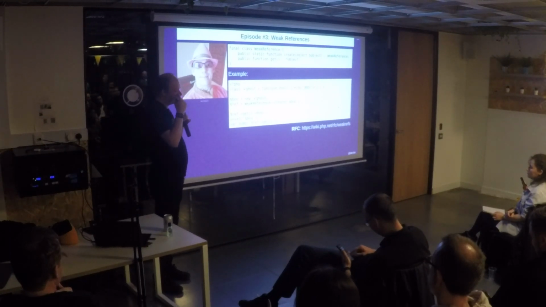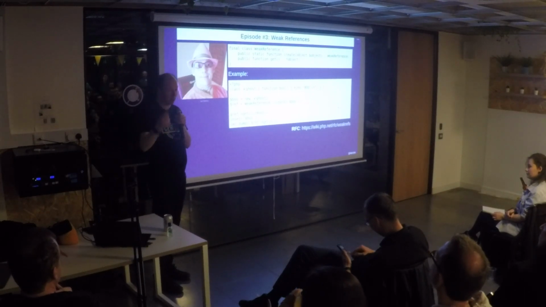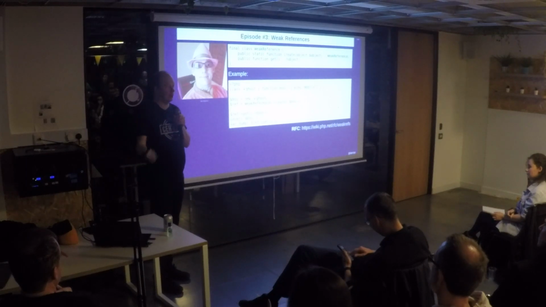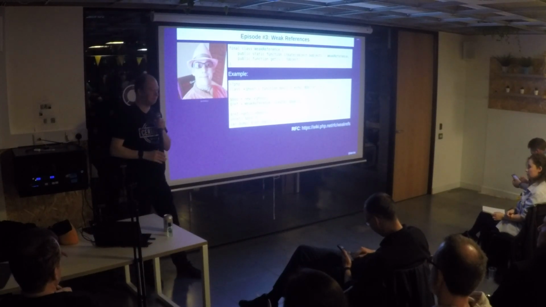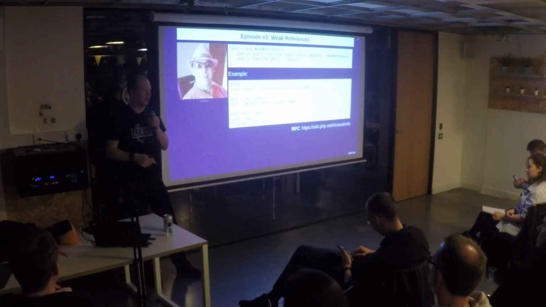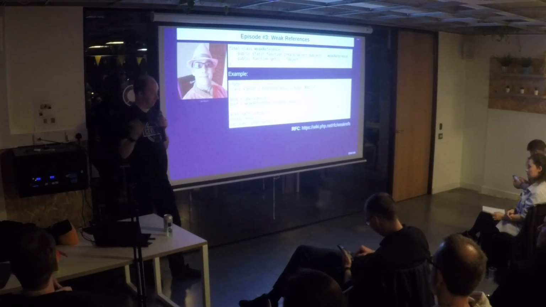However, the problem is that if you normally, say, load 10,000 of these objects from your database, add them to this big list so that the ODM can keep track of what has been changed, even if your application no longer uses these objects, PHP would not free it because there's still this reference to it from this map that links the meta information to these objects, which is not always great, especially if you have thousands of them.